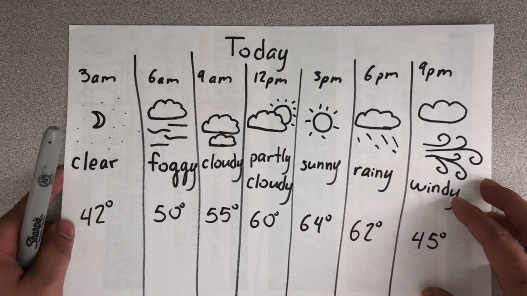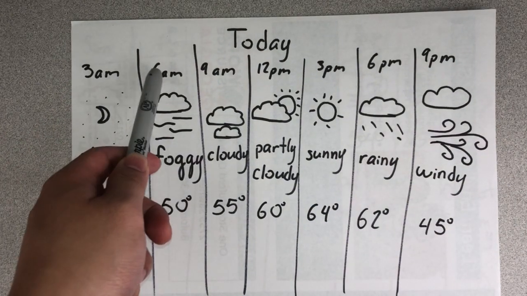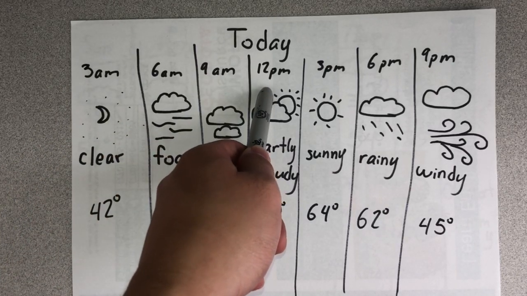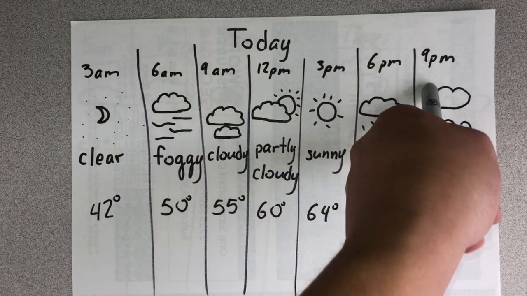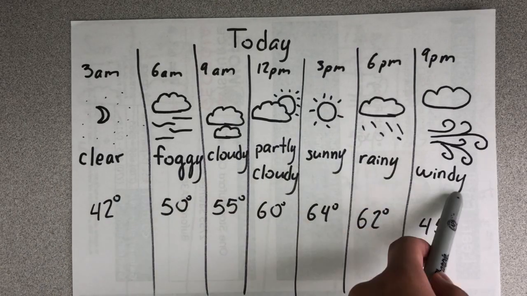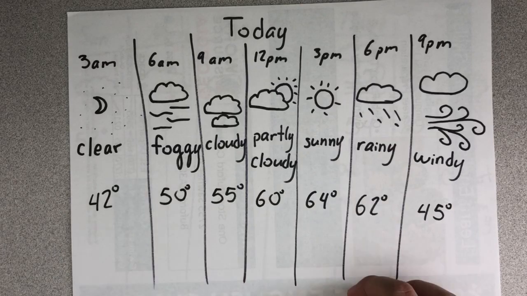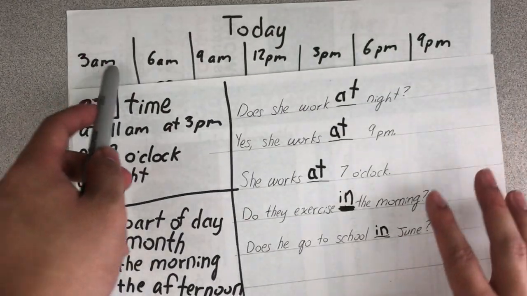This is the weather for today. Time, 3 a.m., 6 a.m., 9 a.m., 12 p.m., 3 p.m., 6 p.m., 9 p.m. This is the weather. This is the temperature. So we have time.